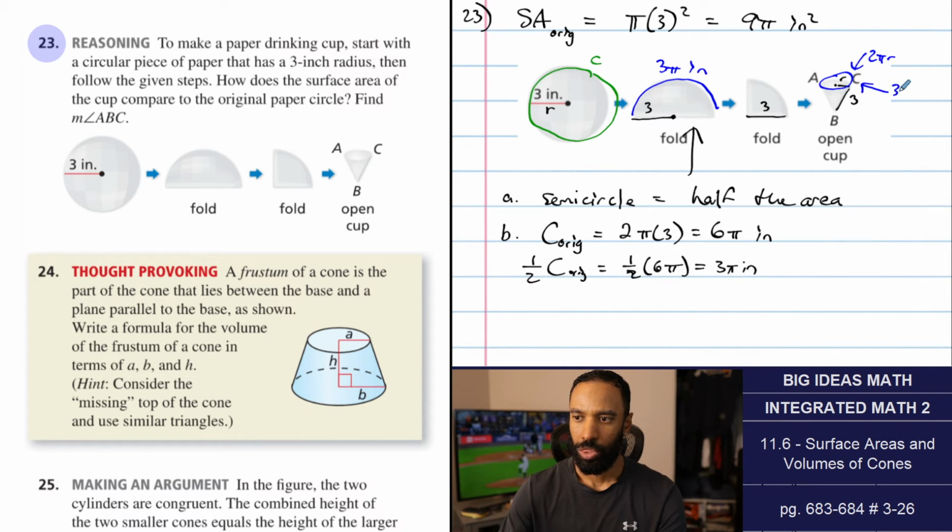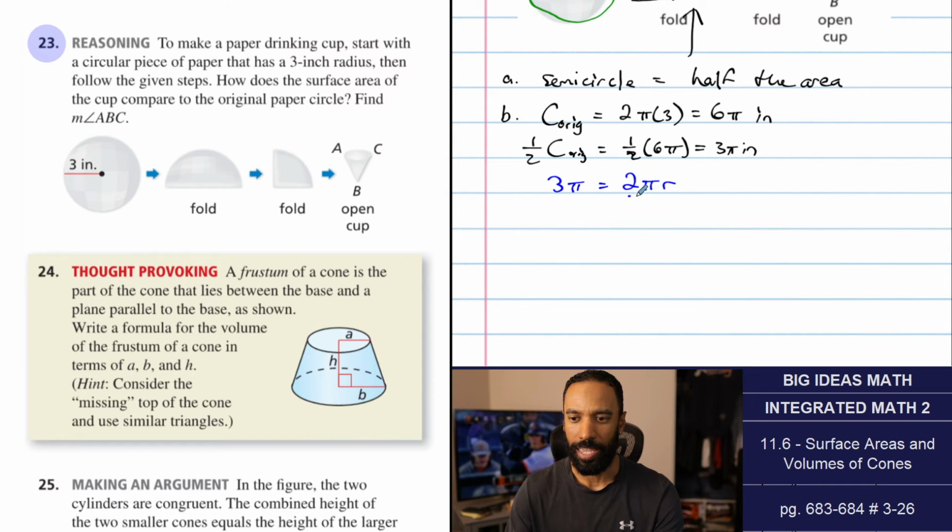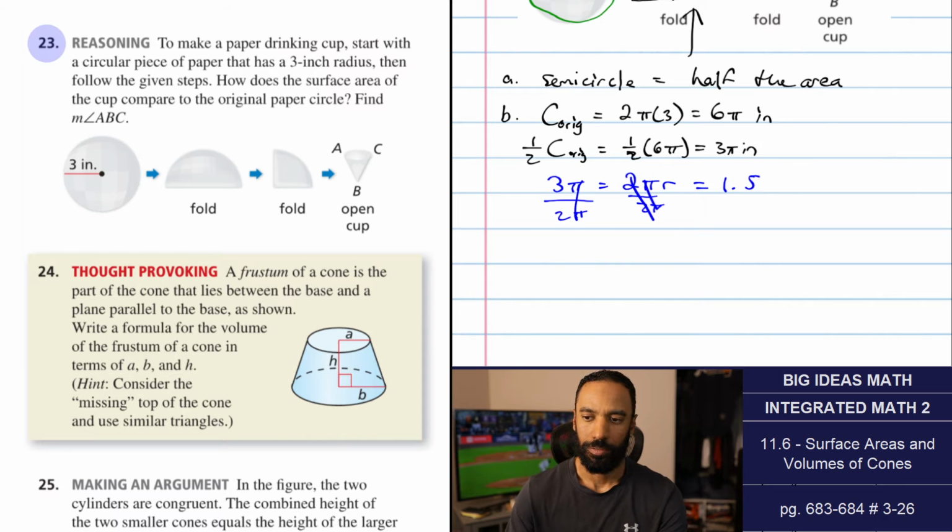So 3 pi inches. So if 3 pi is the same as 2 pi r, divide both sides by 2 pi, and you get r as 3 halves or 1.5. So r is 1.5 inches. Let me just write that as its own line.